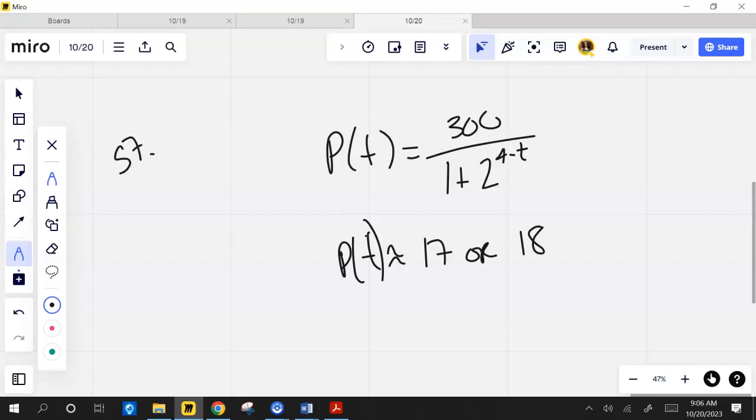All right. You ready for this one, Brian? Here comes the calculus. How fast is the rumor spreading after 4 days? You're actually right. First derivative.